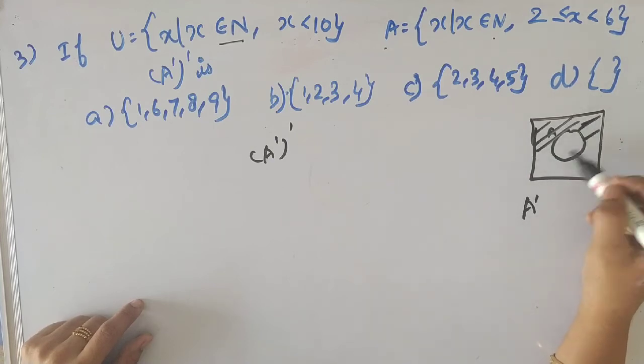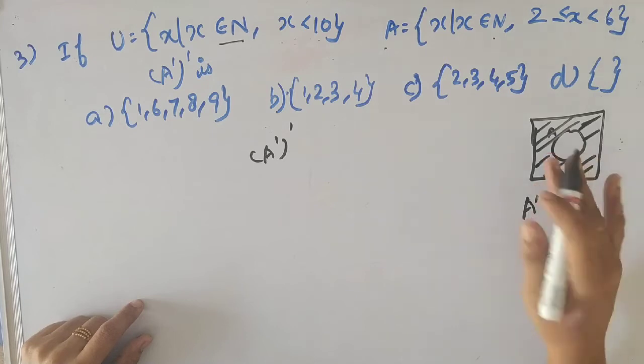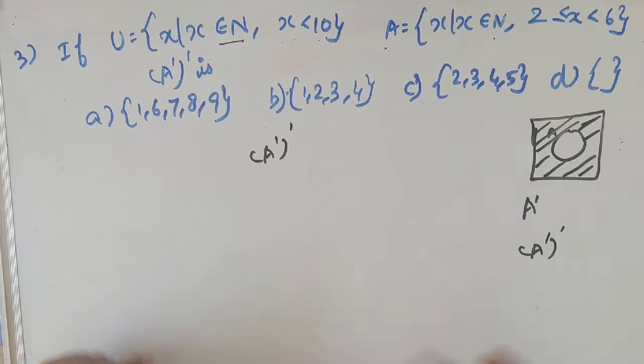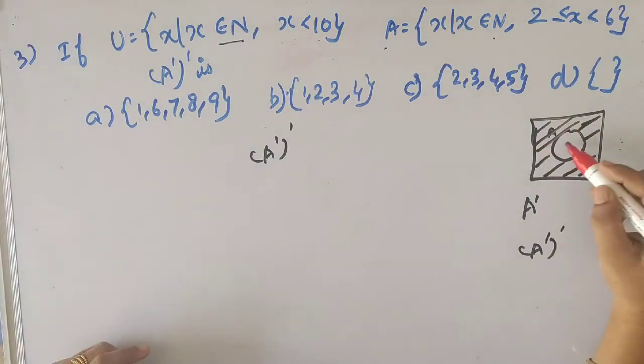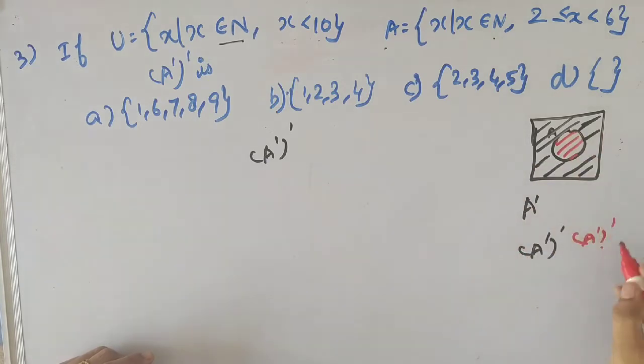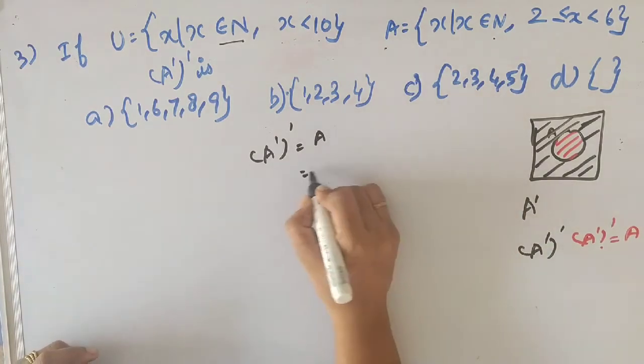Except a, the entire universal set, isn't it? This is a dash. What is a dash the whole dash? Except a dash, the entire universal set, isn't it? So except a dash, this part is a dash the whole dash. What is that? A dash the whole dash is a, isn't it? So we can clearly say that a dash the whole dash is equal to a.